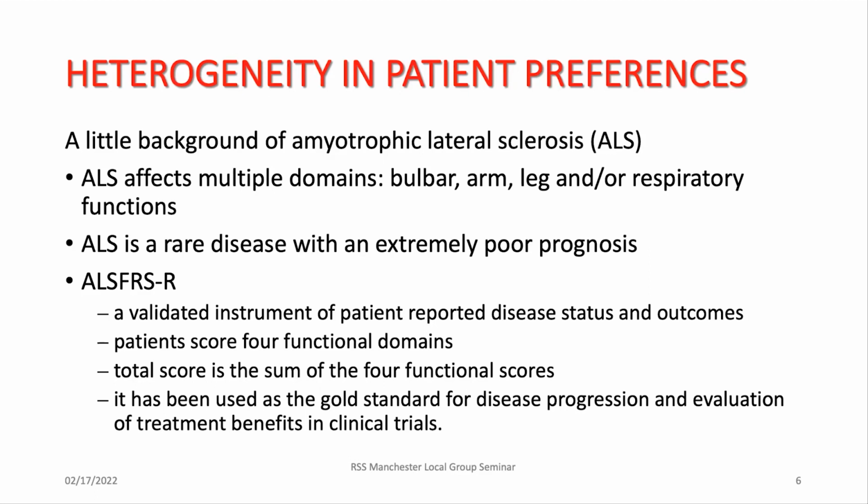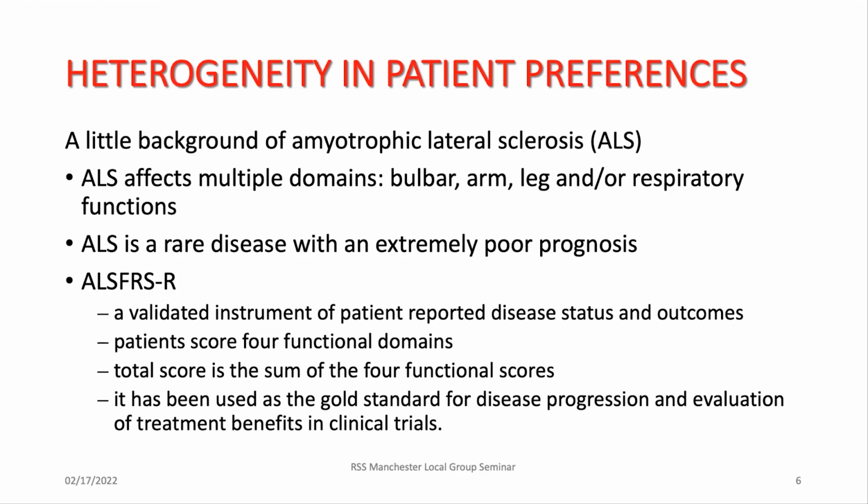So to measure the disease progress and the impact of the disease, there is a functional score called ALSFRS. The last R is for revision, I think, the standardized functional rating score.